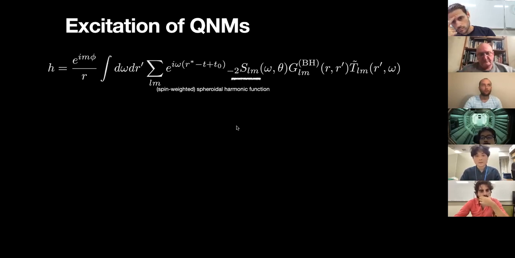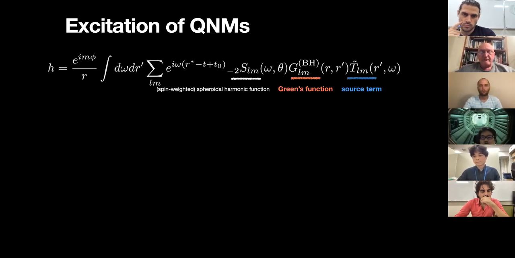The first one is the spin-weighted spheroidal harmonics. Roughly speaking, it's like spherical harmonics, but now it's a Kerr black hole, so the shape is spheroidal, so it's a bit complicated. This one is the black hole Green's function, and the third one is a source term.